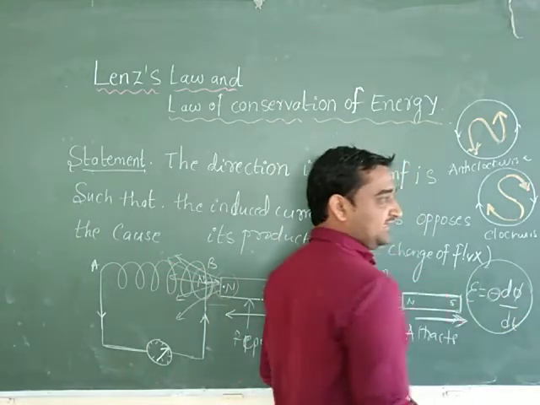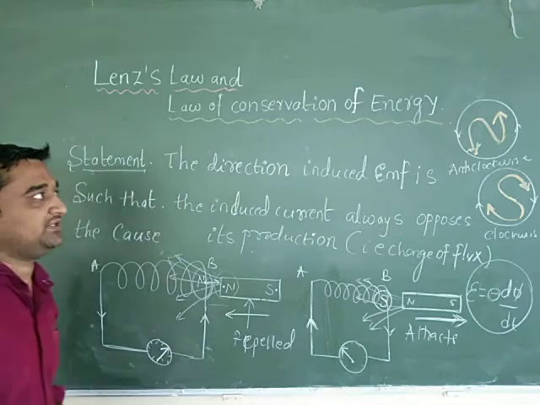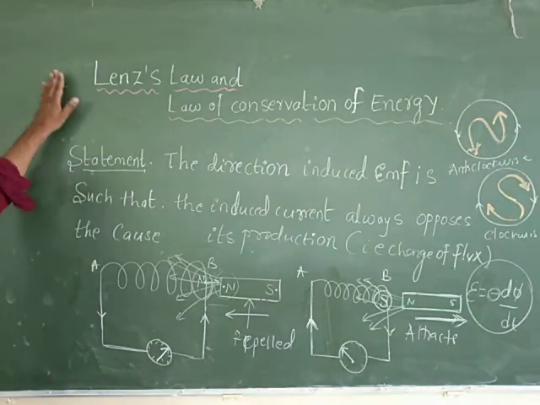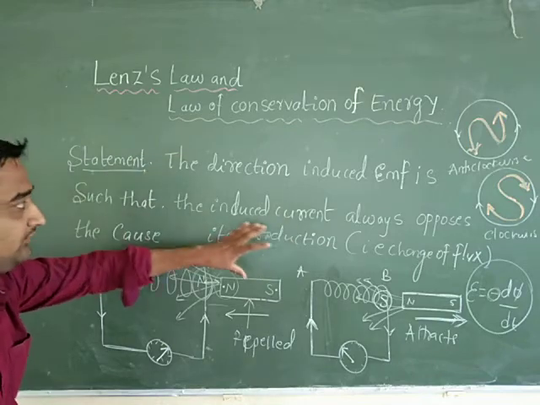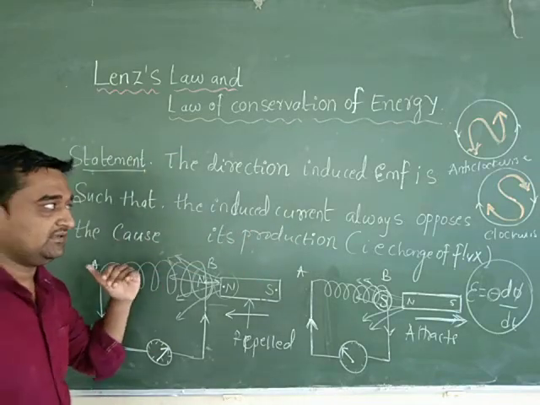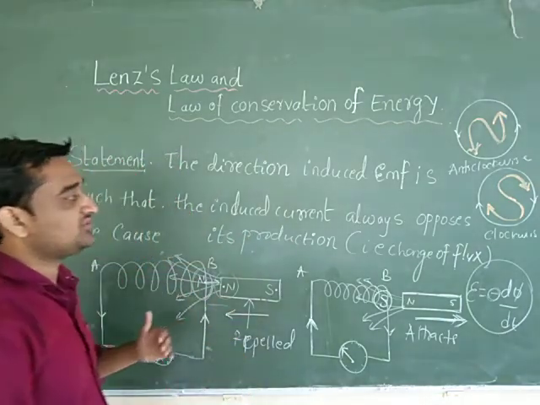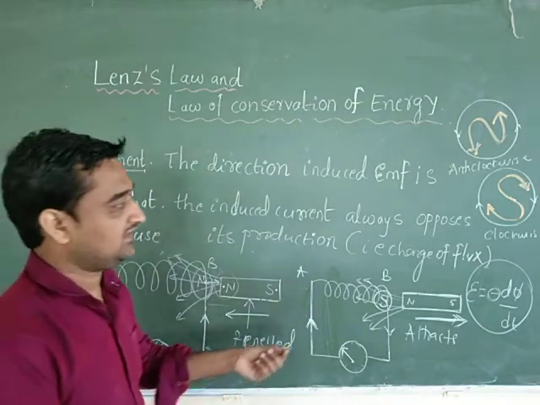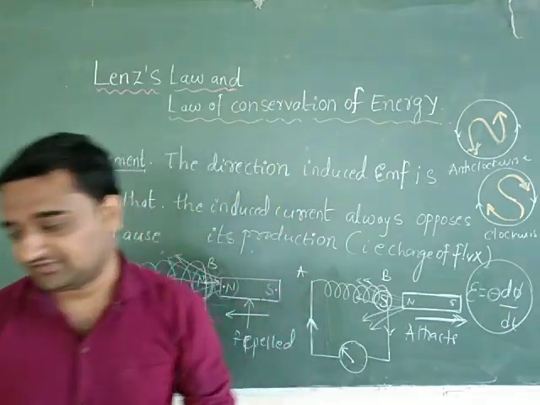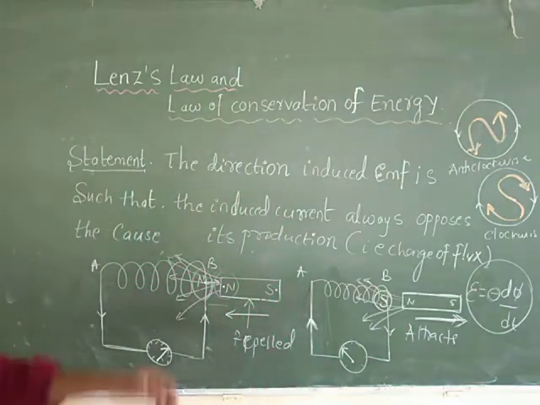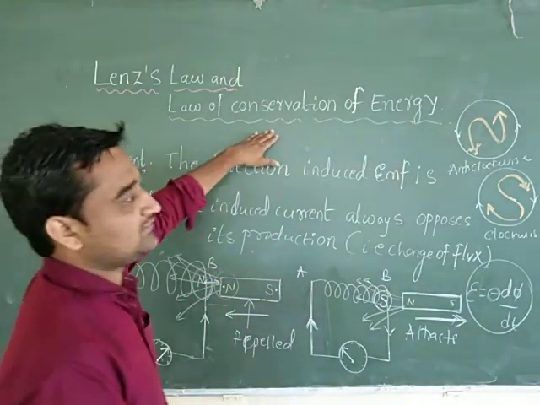And this negative sign, the direction of the induced EMF or the induced current, that can be determined by the Lenz's law, right? The direction of the induced EMF or the induced current is always such that it opposes the cause of its production, that is the change of magnetic flux. That is what the negative sign is given here, right? And it also supports the law of conservation of energy.